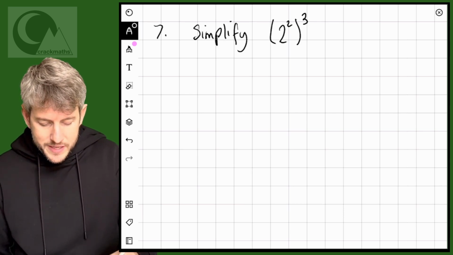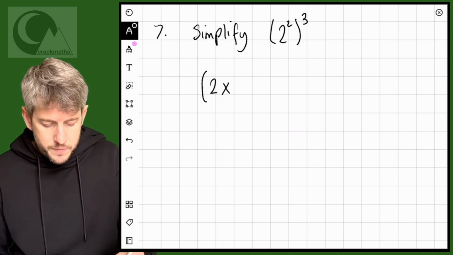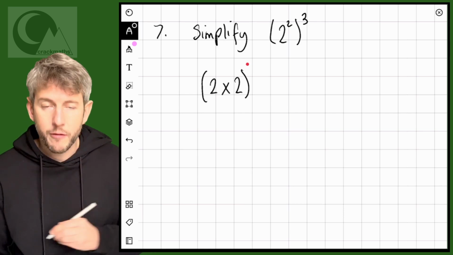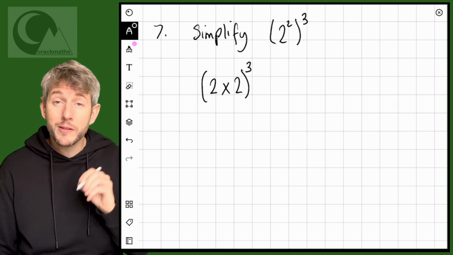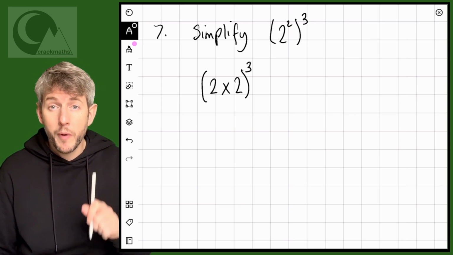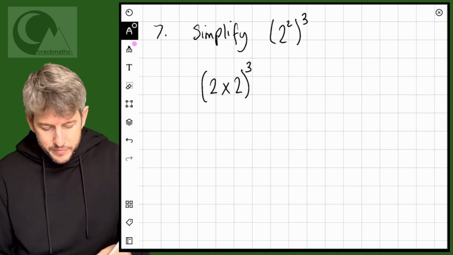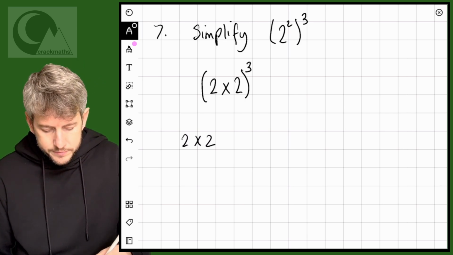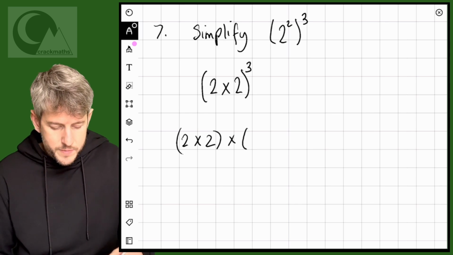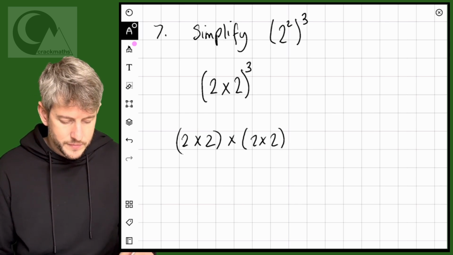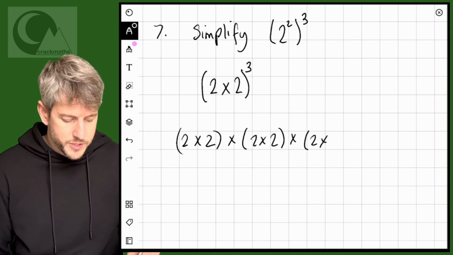So we've got 2 times 2 all to the power of 3. Now remember, to the power of 3 means we multiply by ourselves 3 times. So this will mean 2 times 2, bracket, bracket, times 2 times 2, times 2 times 2.